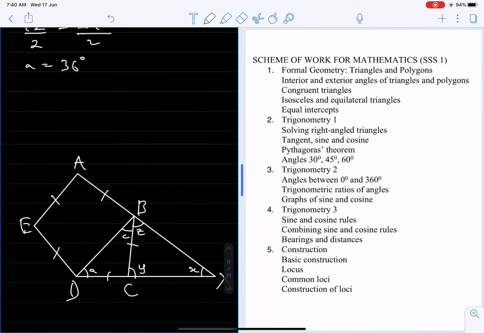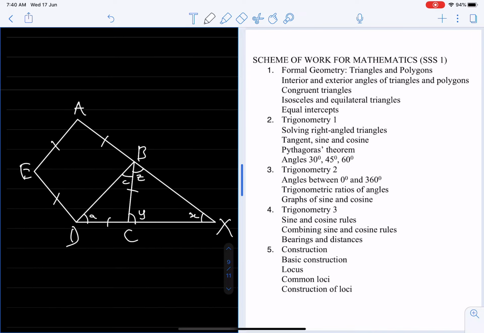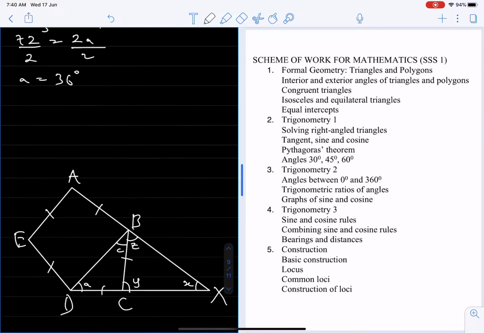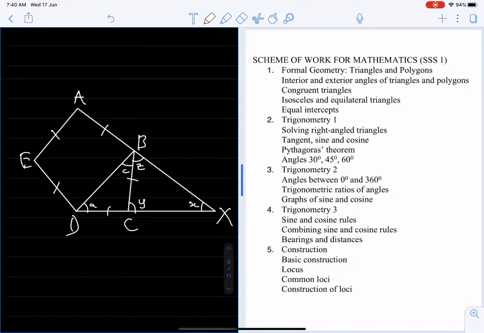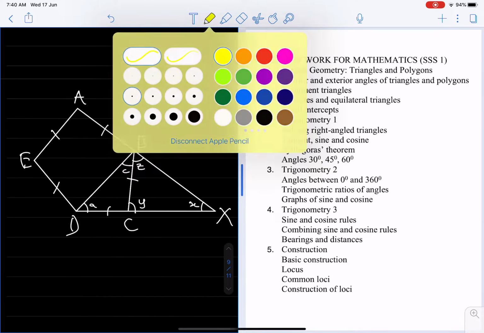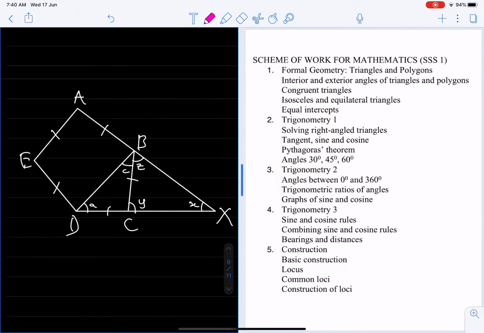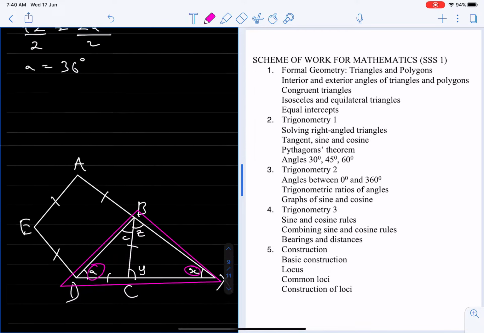They said we should prove that BDX has two equal angles. Now I've been able to show that triangle BDX has two angles that are the same, which are A and X. So we're done with the proof.